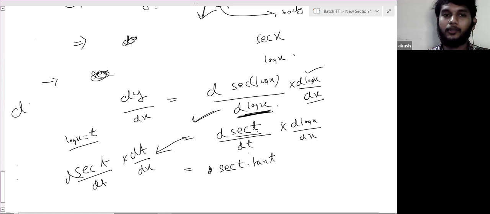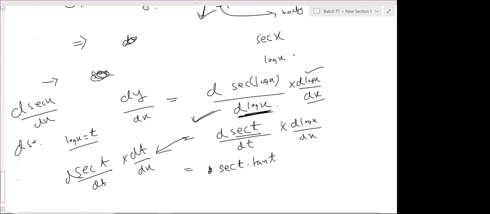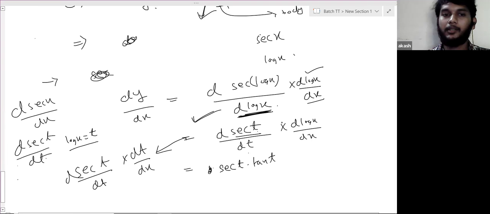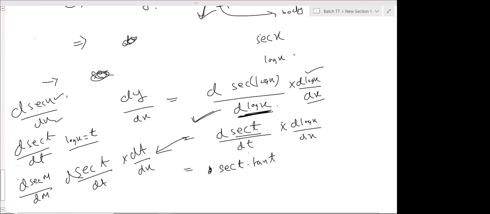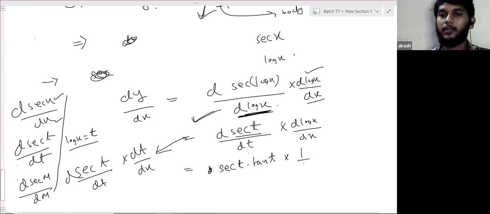See, differentiation of sec x with respect to x is the same as differentiation of sec t with respect to t, the same as sec m with respect to m, right? It doesn't matter if you change the variable. Right? Okay, sir. So sec t tan t into the differential of log x, which is 1 upon x.